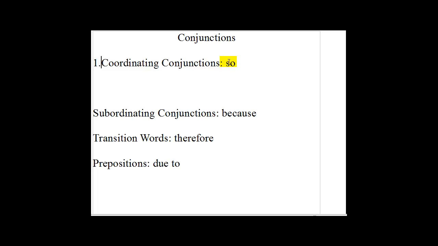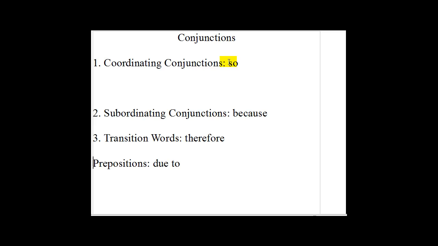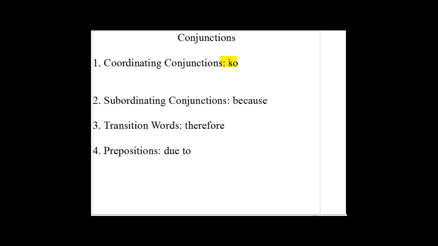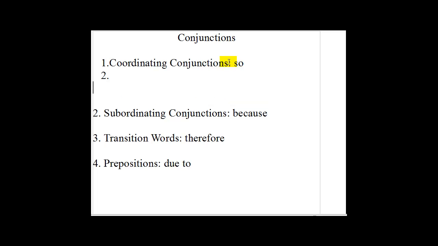Now going back to the first one, let me label all these to make it a little more organized for you. I'm now going to create 3 different kinds of sentences that will explain how to use each of them. Remember that in all 4 cases we're dealing with cause-effect.